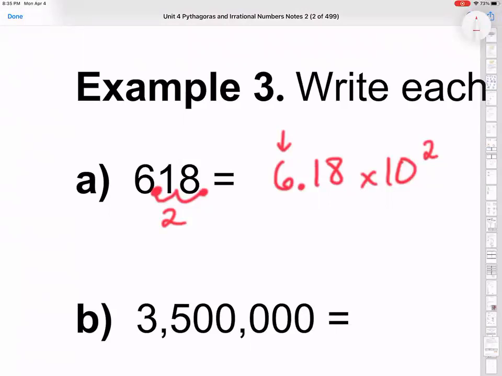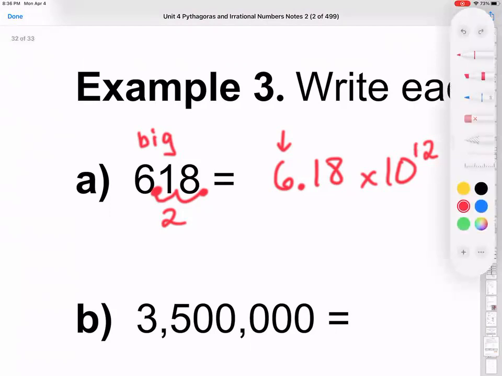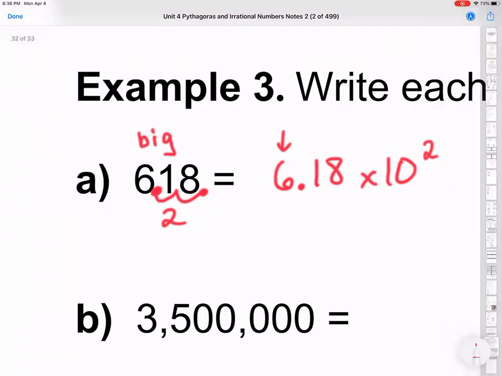Well, since we started with a big number and brought it down into that scientific notation, 6.18, we're going to leave this as a positive 2. You don't even need to write the positive 2. You could just leave it as that.